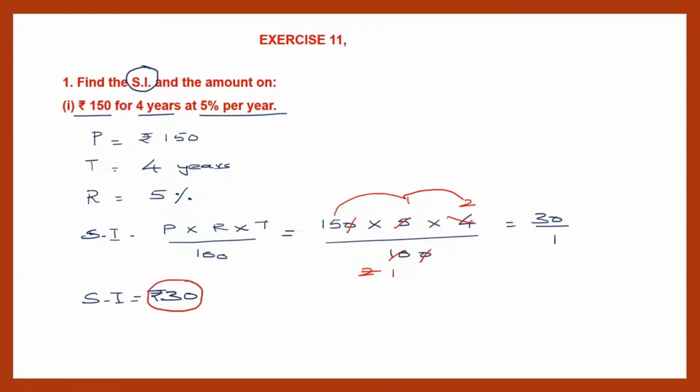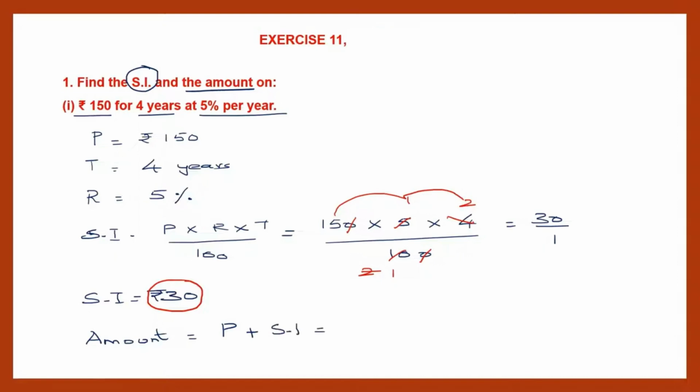And there's one more part of the question. We're asked to find the amount. So how do we find the amount? To find the amount, we say principal plus the simple interest, because this is extra amount. This is what we get extra. So to find the amount, we say principal, which is originally there, plus the extra amount. Let's write it down: principal plus simple interest.